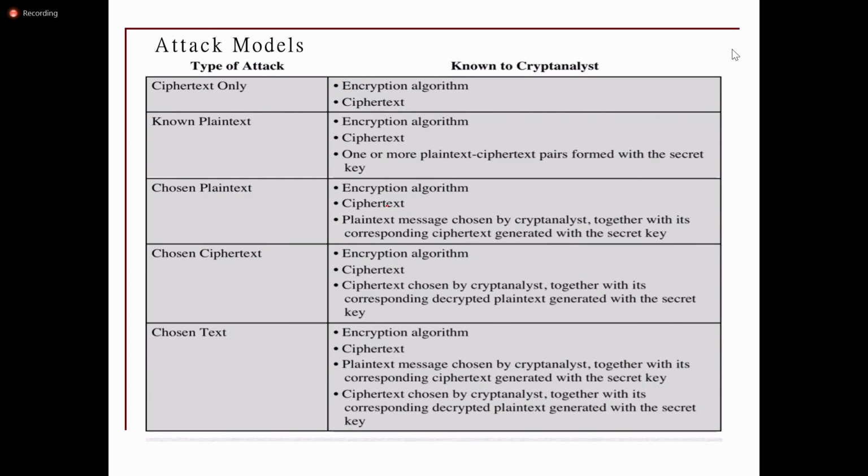In the ciphertext only attack, the cryptanalyst will know the encryption algorithm as well as the ciphertext. In known plaintext, the cryptanalyst will have the encryption algorithm, the ciphertext, and one or more plaintext-ciphertext pairs formed with the secret key.